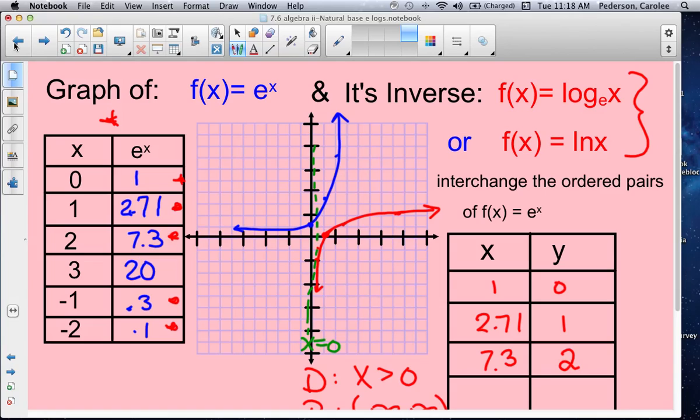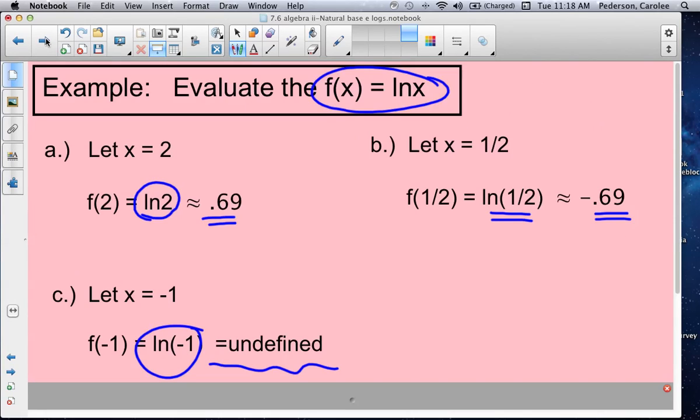Anything to the left is a negative value. You can't have a negative x. So the domain for this has to be greater than 0. In this case, our domain was less than 0, so it wouldn't work. So we call this undefined.